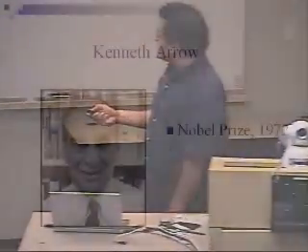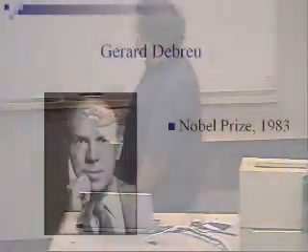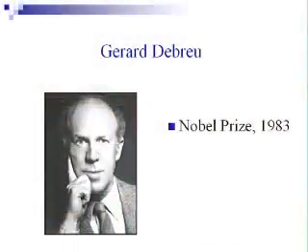And it uses a deep theorem from topology, the Kakutani fixed point theorem. And in fact, for this theorem, Kenneth Arrow, who's a professor emeritus at Stanford, got a Nobel Prize in 1972, and Debreu, who was a professor at Berkeley and passed away a couple of years ago, got the prize in 83.